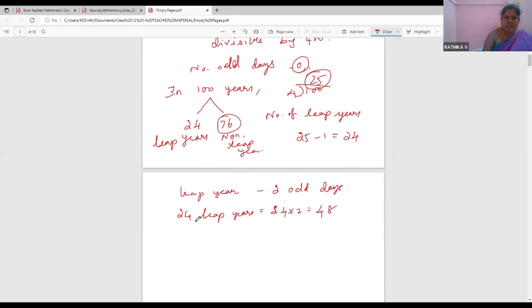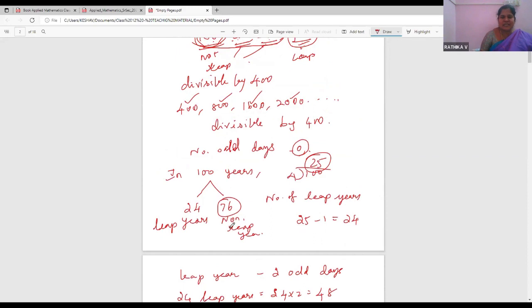And 76 non-leap years: one non-leap year has 1 odd day, so 76 into 1 is 76. So 48 plus 76 is 124 odd days. These are all important to derive the answer.